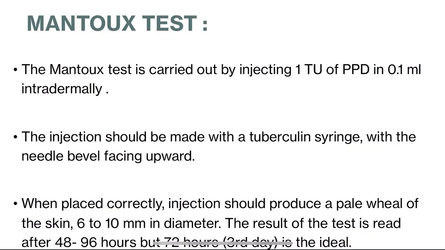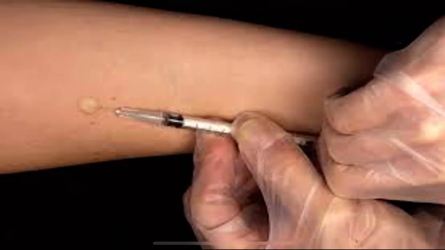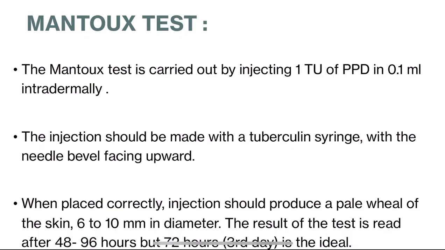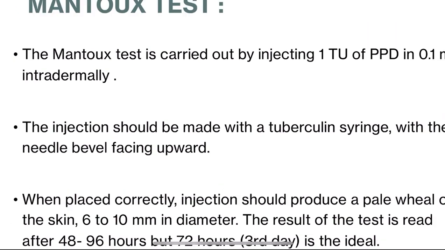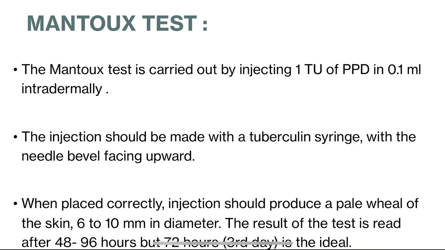The injection should be made with a tuberculin syringe with the needle bevel facing upwards. You can see the injection here. How is the injection given? With the needle bevel facing upwards. Next, when placed correctly, the injection should produce a pale wheal of skin 6 to 10 mm in diameter.